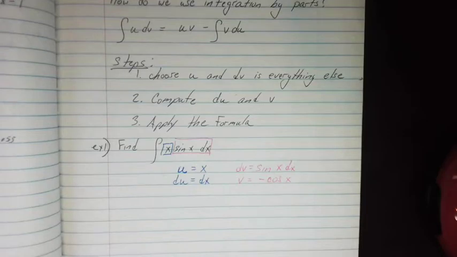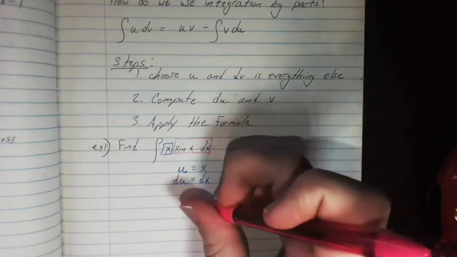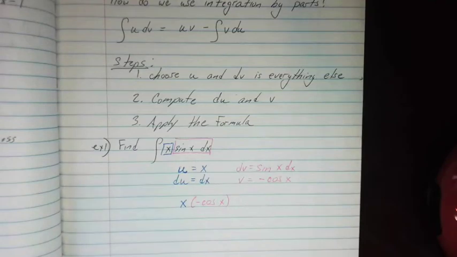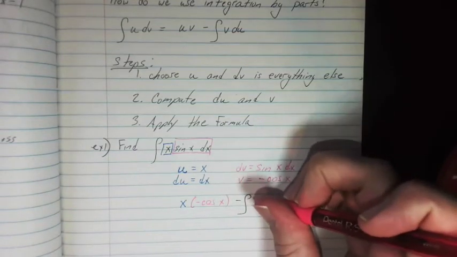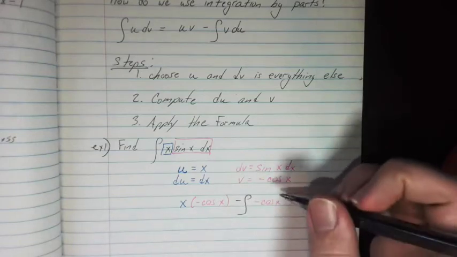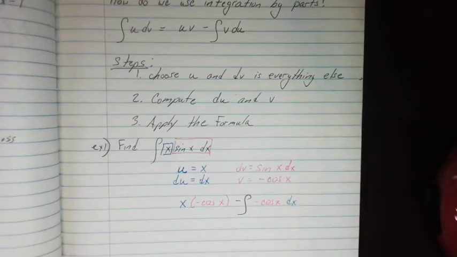Now, we're just going to plug into the formula. Formula says u times v, so we're going to have x times negative cosine of x minus the integral of v, that's going to be negative cosine of x, du. Well, du here is just dx. Cool.